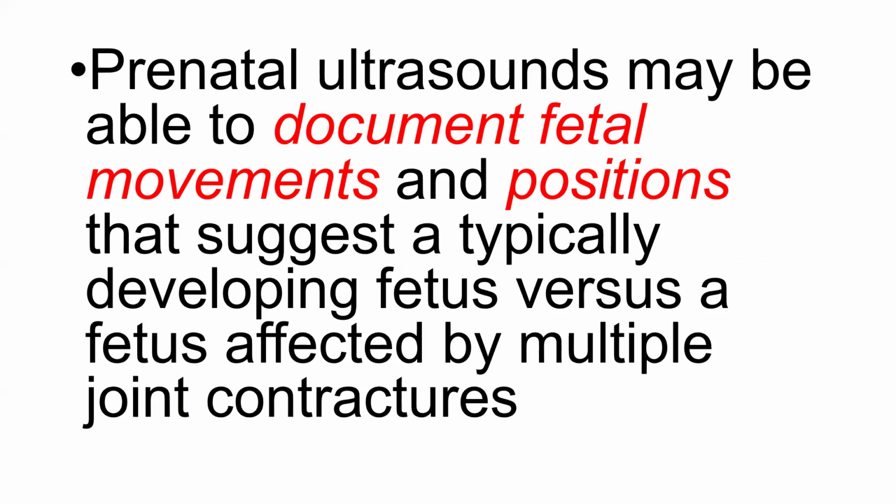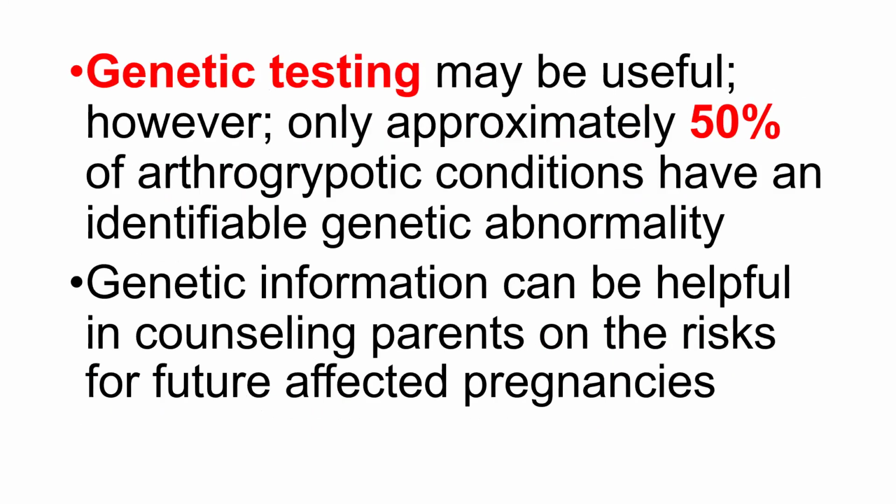We can always tell whether there is any movement, lack of movement, etc., associated with the condition. Genetic testing may be useful. However, only approximately 50% of arthrogrypotic conditions have an identifiable genetic abnormality. Genetic information can be helpful in counseling parents on the risks for future affected pregnancies.